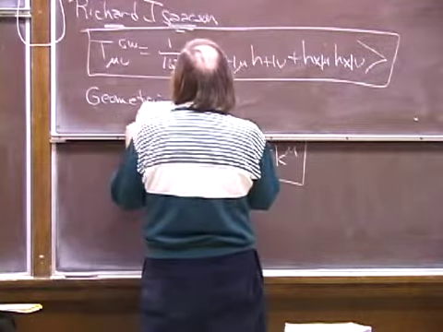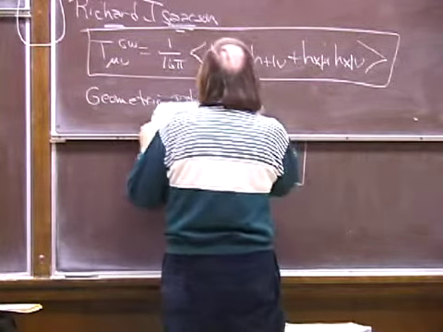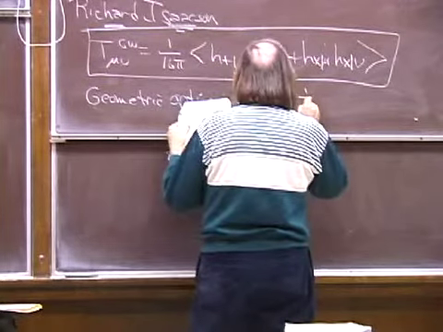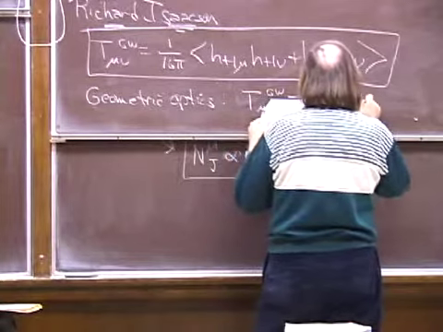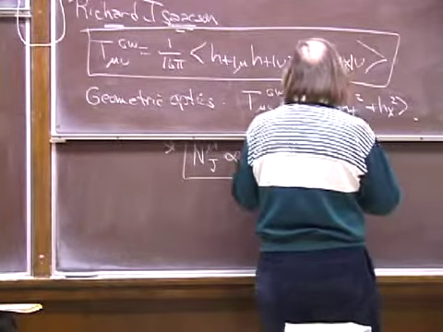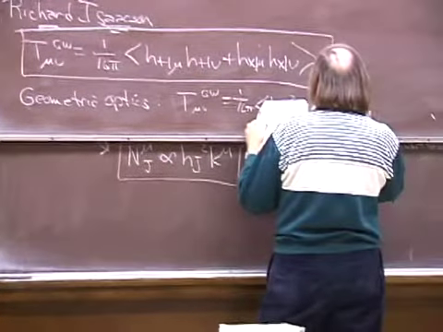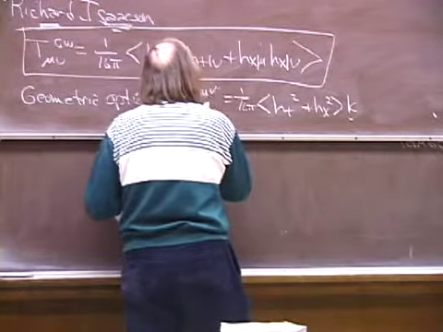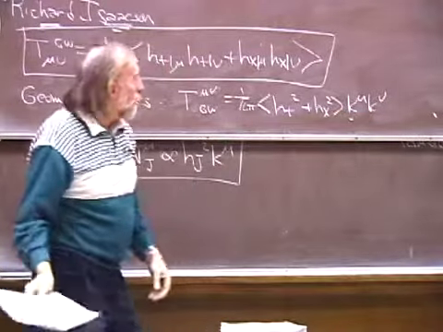And so it turns out that when you apply geometric optics to this, you get that T mu nu, gravitational wave, is 1 over 16 pi, the average of h plus squared plus h cross squared, I'm assuming that these are monochromatic waves, times k, let me put the indices up, k mu, k nu.